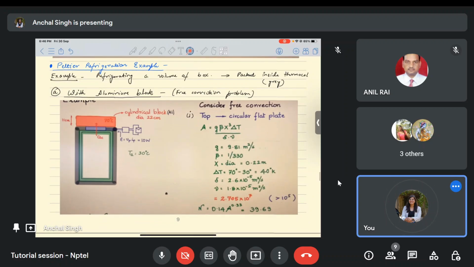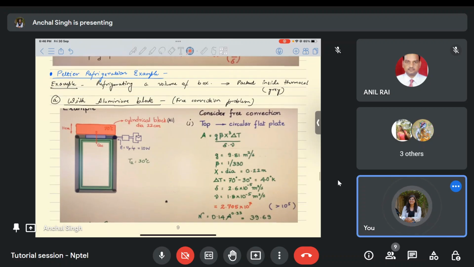So here, at the boundary of this cylindrical block, if this is very hot, then it will dissipate heat to the ambient, right? Then at the boundary, solid is interacting with fluid. That means convection is happening, right?